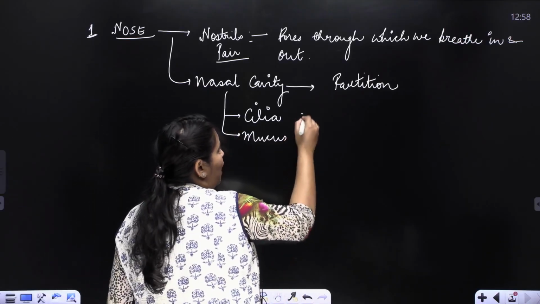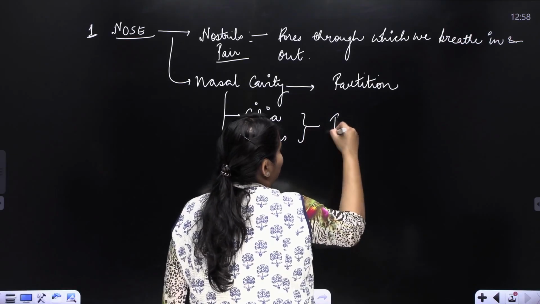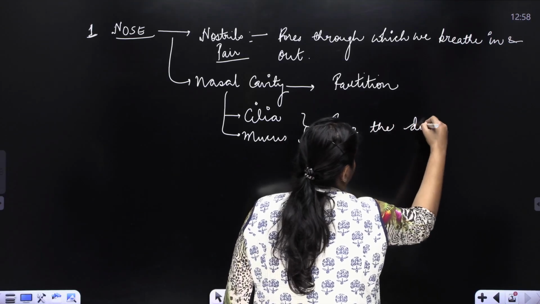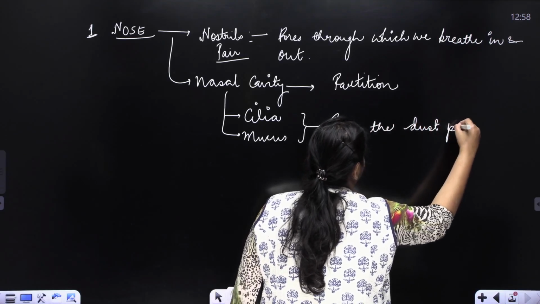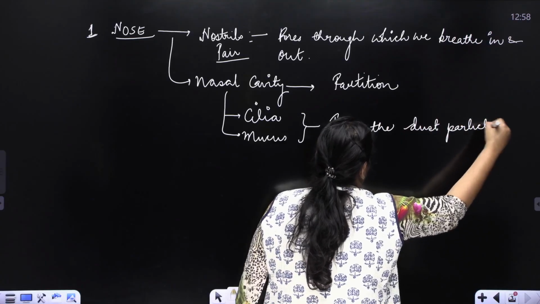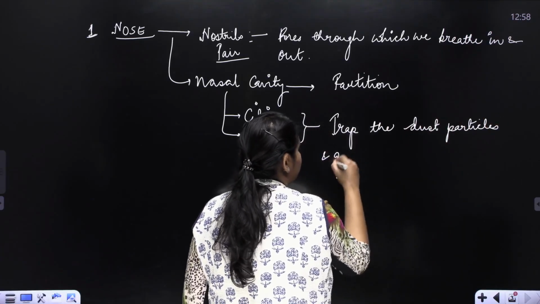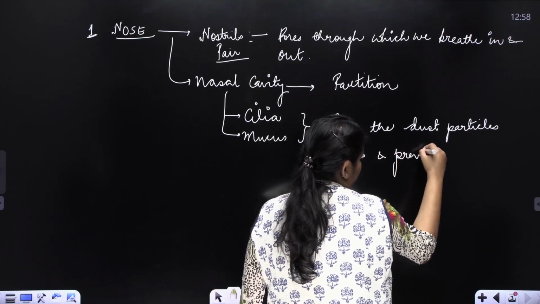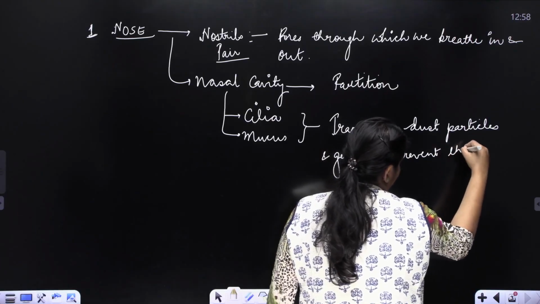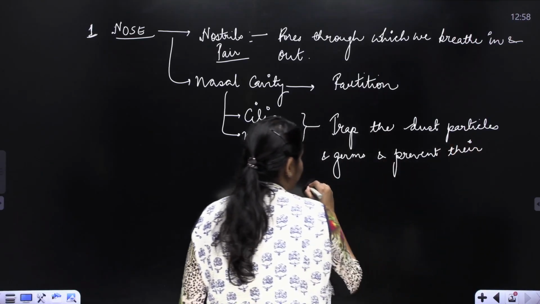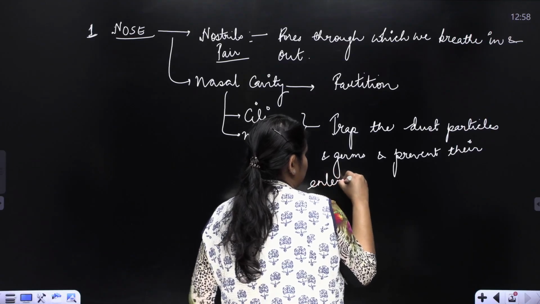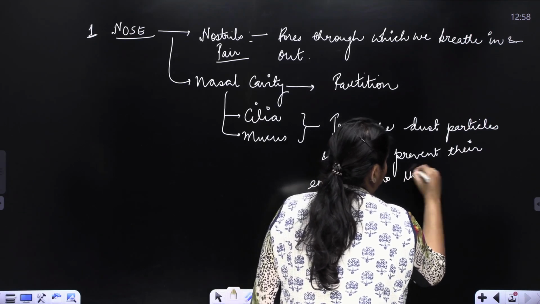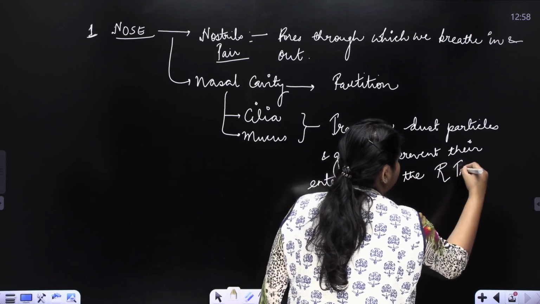What are these cilia and mucus doing? They trap the dust particles and germs and prevent their entry into the respiratory tract.